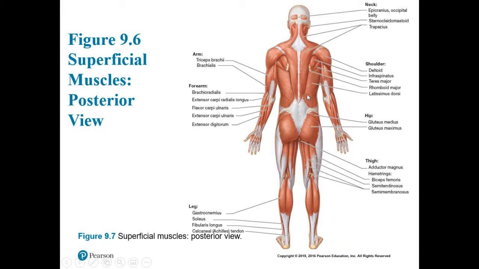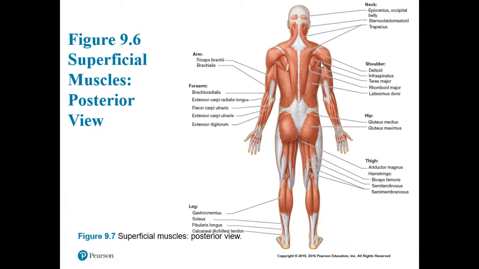So here's the origination point of the latissimus dorsi. I've talked about that. The insertion point is going to be on the humerus. So it connects on the medial but superior proximal end of the humerus to play a role in the movement of your arm.